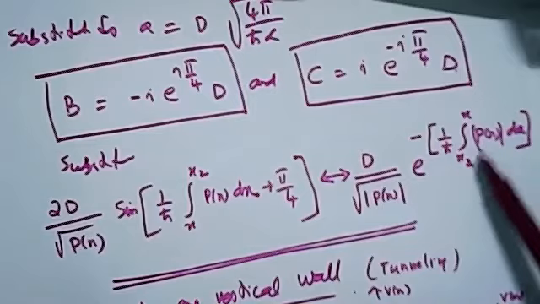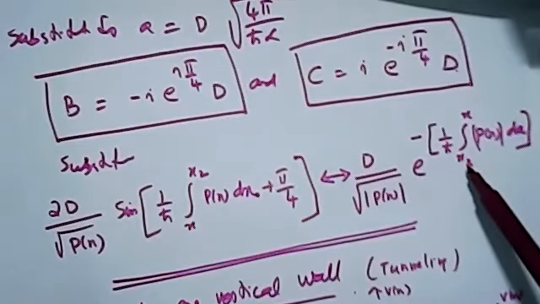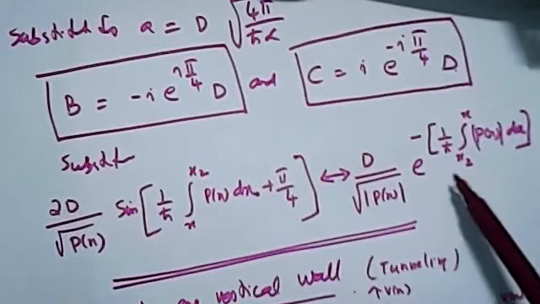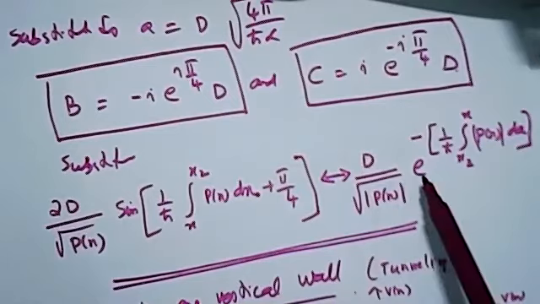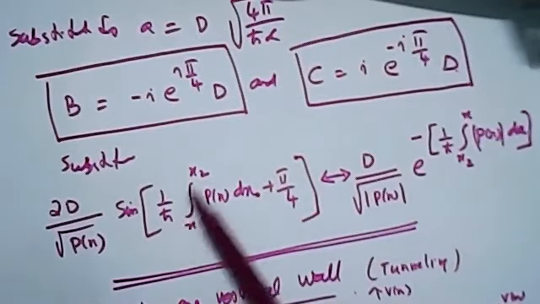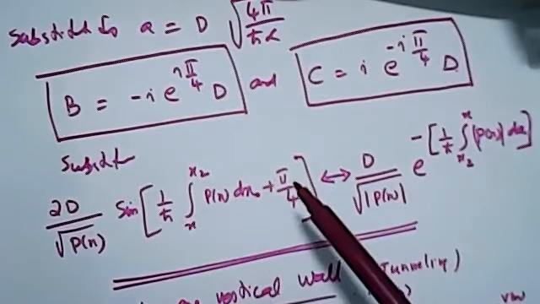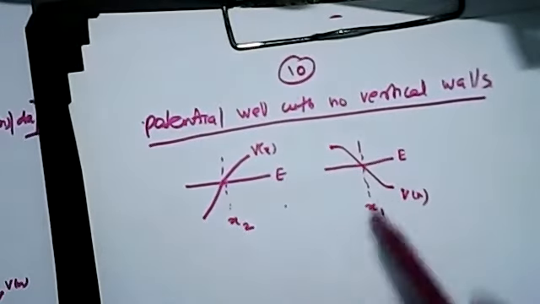Just reversed, but x2 should be replaced by x1. So in that case the connection formula will be almost like this one, but only the limits get changed. So I am simply writing the connection formula in this second case.